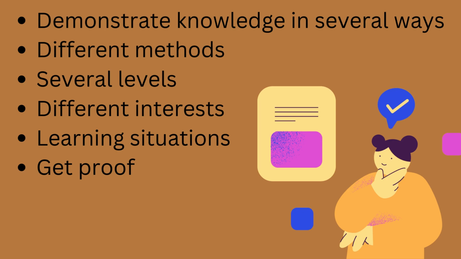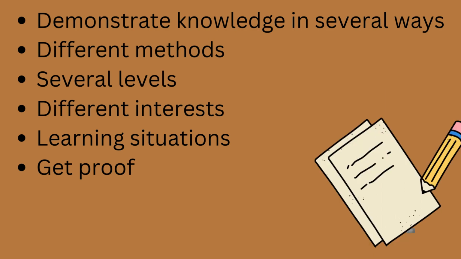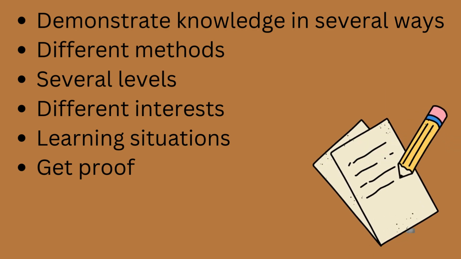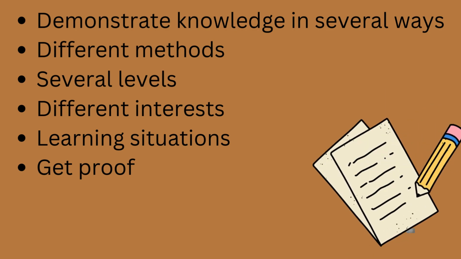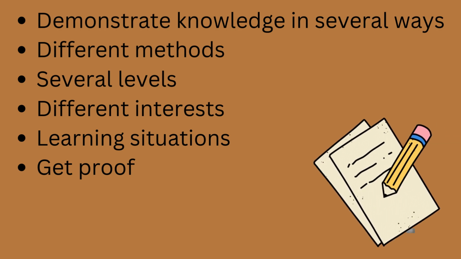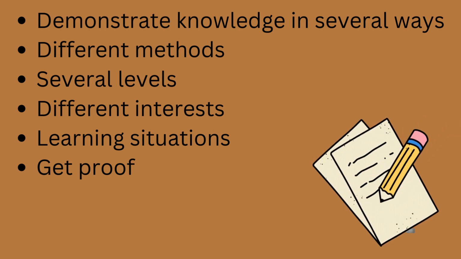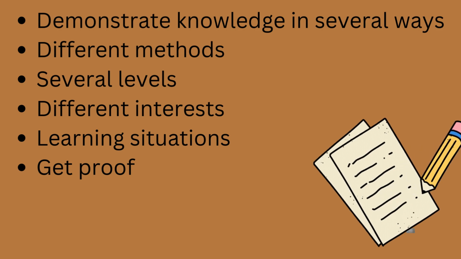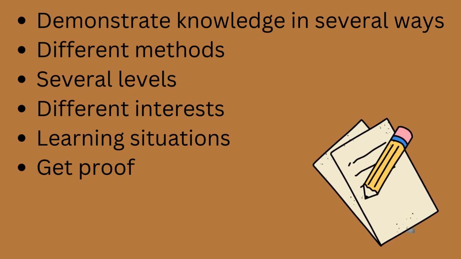When the students are allowed to create their own questions, even those students who know something other than what is requested can show it. Opportunities to demonstrate knowledge in several ways also mean a chance for the teacher to find out what the students can do in several different ways.